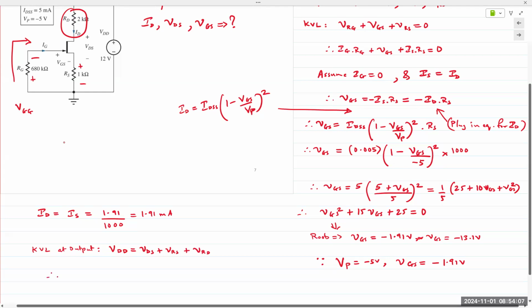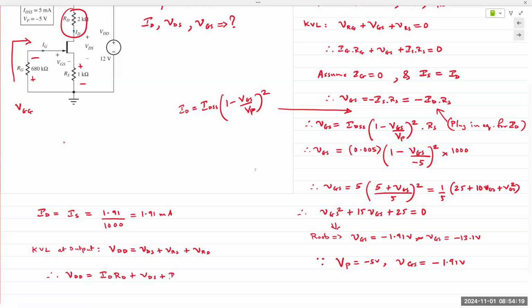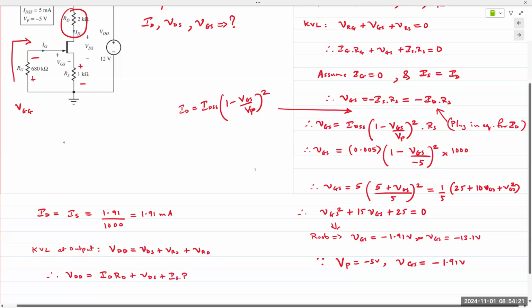And then we can rearrange and plug in the terms. VDD is equal to ID RD plus VDS plus IS times RS.